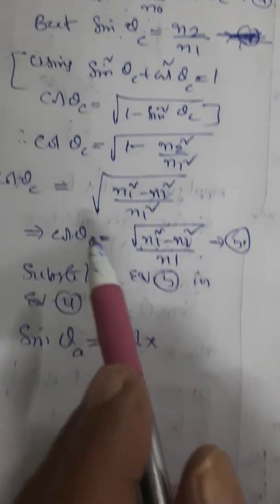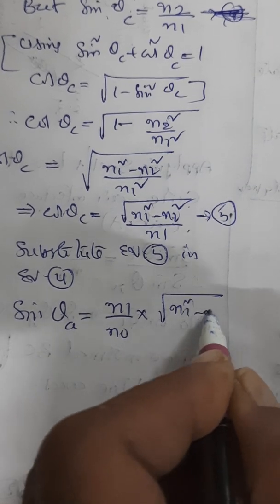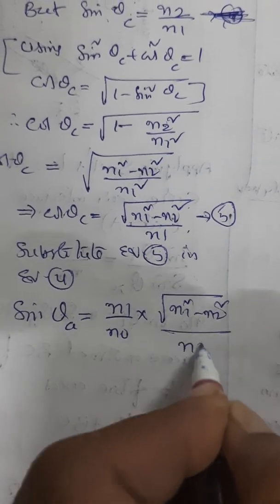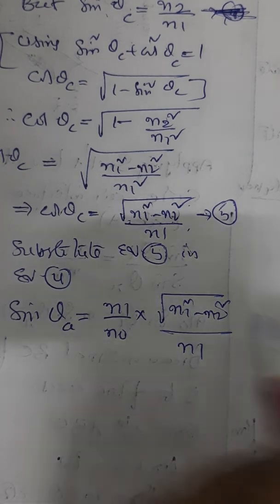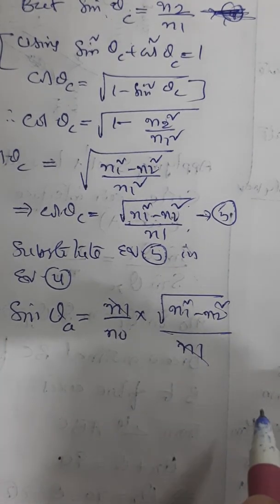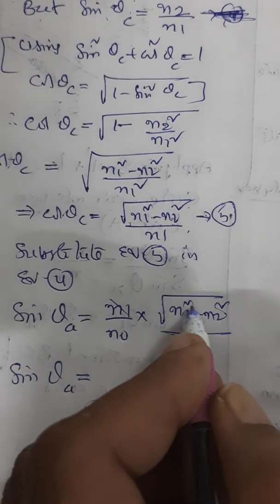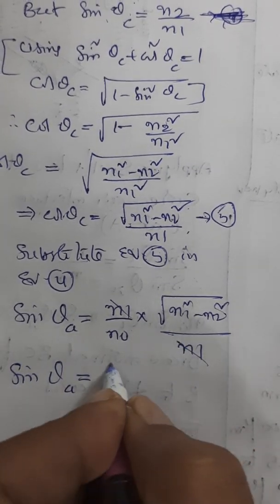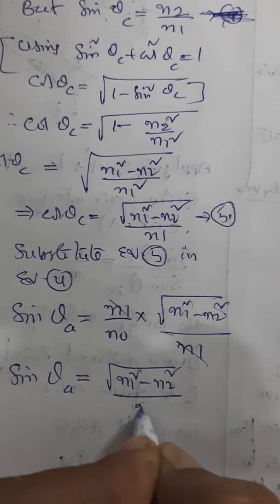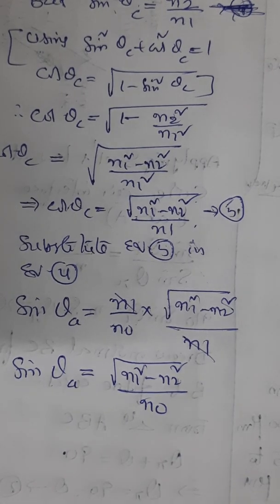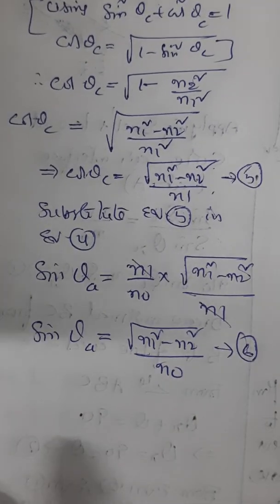Square root of n1 square minus n2 square by n1. Right. Now strike off these two. What is the sin theta A you got after simplification? Square root of n1 square minus n2 square by n0. Let us call this equation 6.